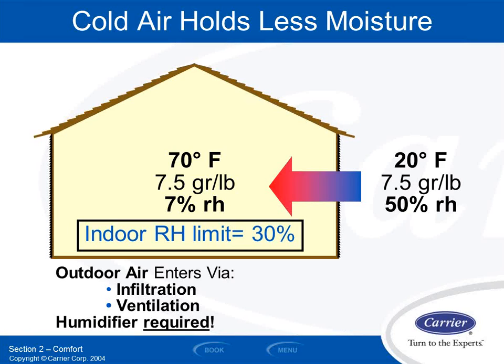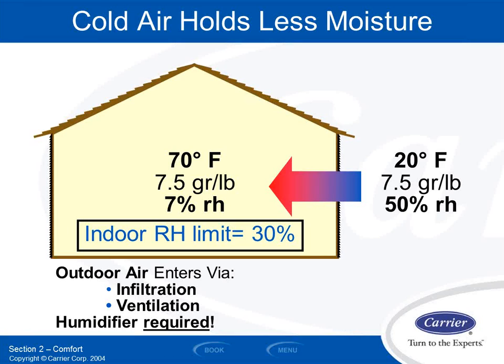I have infiltration coming into this house or this building. Air leaking into my building is infiltration, and it's fairly cool outside on this given day, 20 degrees outside. The moisture content is exactly the same in this particular scenario. It's 7.5 grains of moisture per pound, right? So the inside and outside moisture is identical, but outside it's 7.5 grains on a 20-degree day. So it's 50% relative humidity outside because that air cannot hold as much moisture, right?